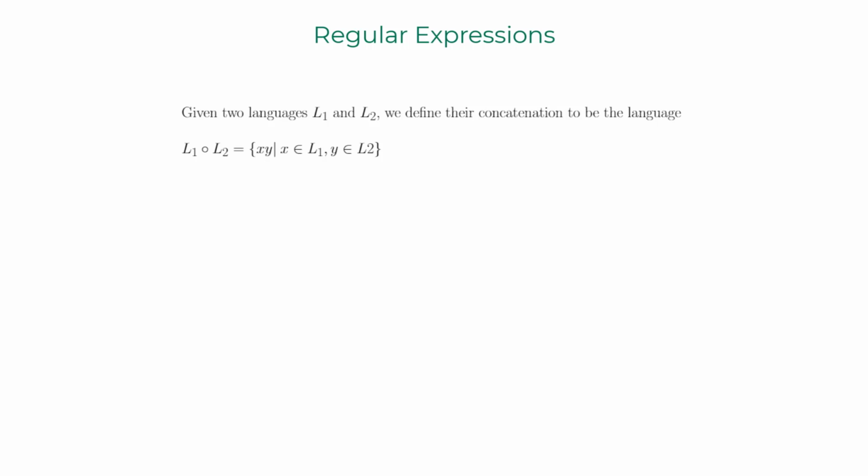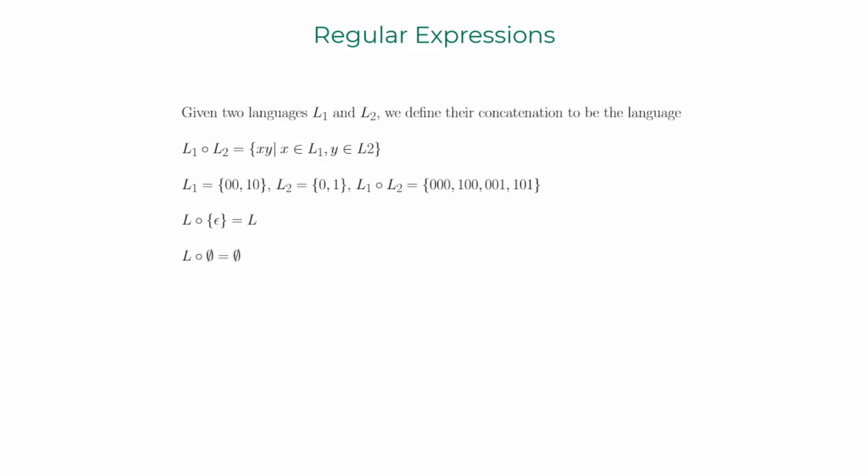Here is an intuitive example with L1 containing strings 00 and 10, L2 containing 0 and 1. The concatenation language L1.L2 will have the strings 000, 001, 100, and 101. It can be seen that concatenating a language with a language containing only the empty string will result in the same language.